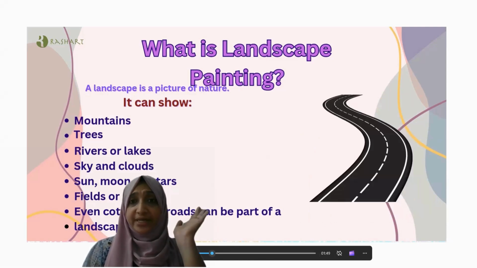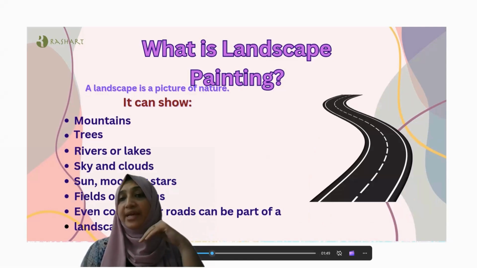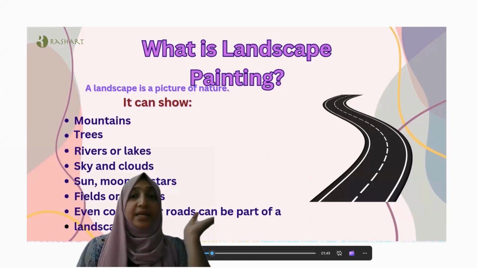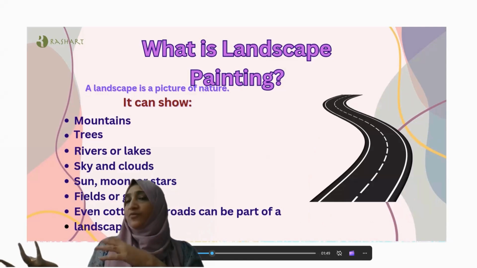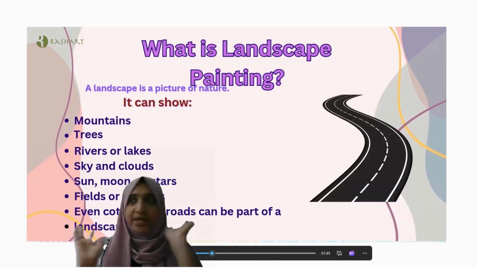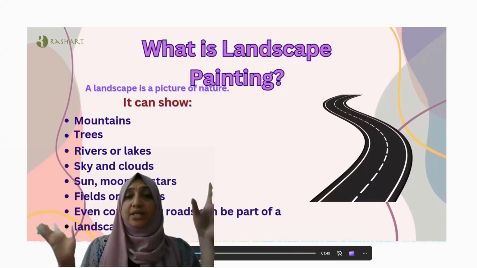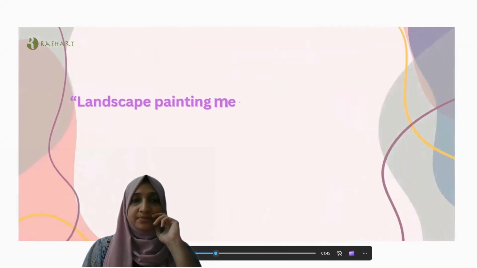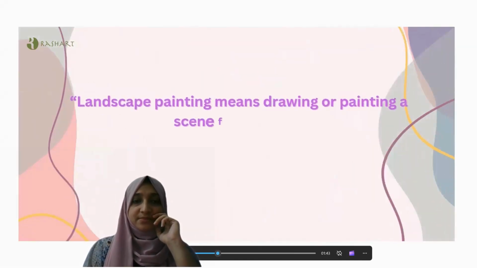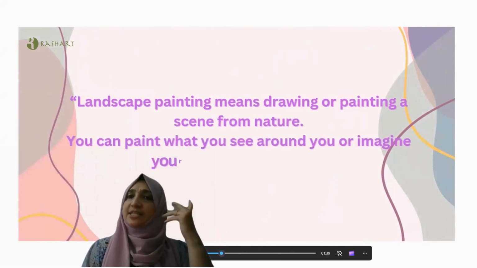I have already told you that these elements are part of a landscape. We can include all these elements when we paint one. When we look at nature, you can see all these elements, right? So this is included in nature. That is a landscape. Landscape painting means drawing or painting a scene in nature.